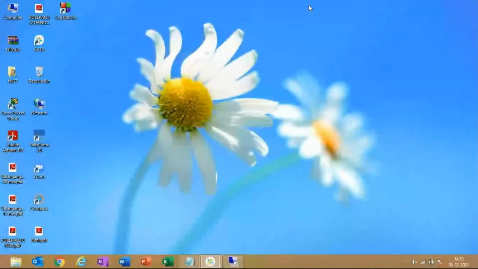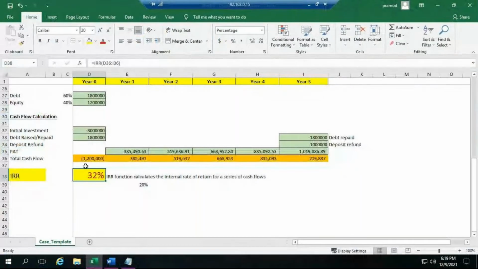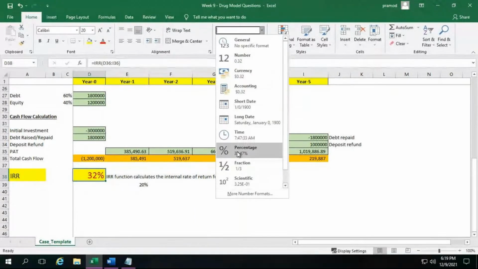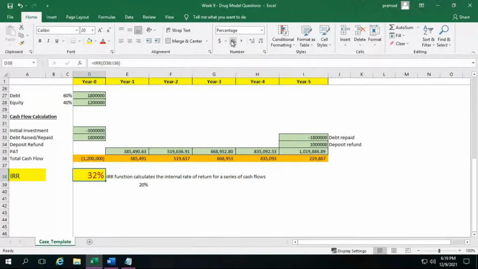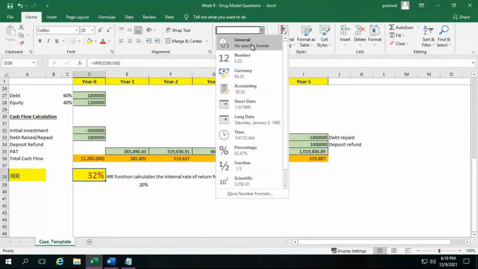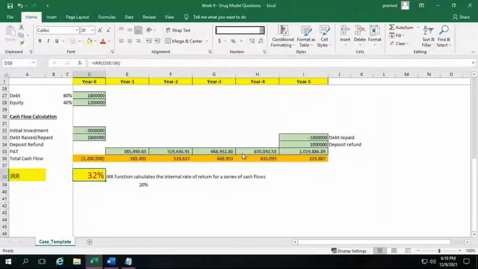No, sir, again I'm getting 0. Select that cell, the D38 or wherever you got the answer. Then you give percentage. Percentage in the sense, don't give this percentage here. In the number format, change general into percentage. Let that cell be selected, then you do it.